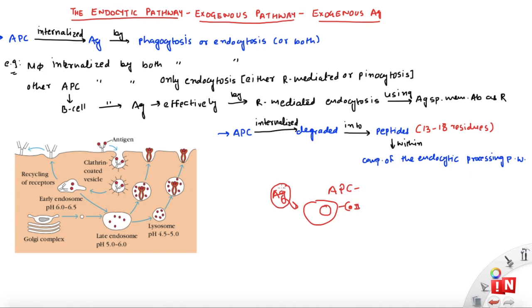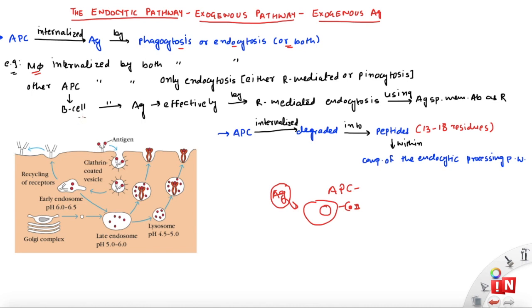This taking up of antigen could be either by phagocytosis or by endocytosis, or in some cases some cells can perform both. For example, macrophages can take up an antigen by both phagocytosis as well as endocytosis.